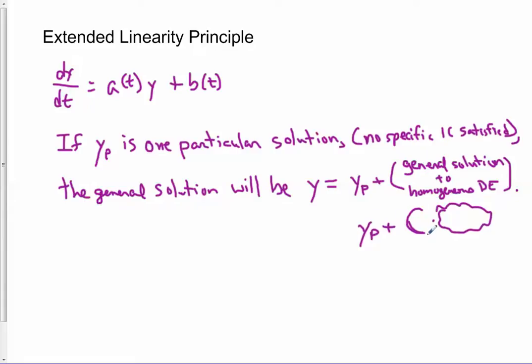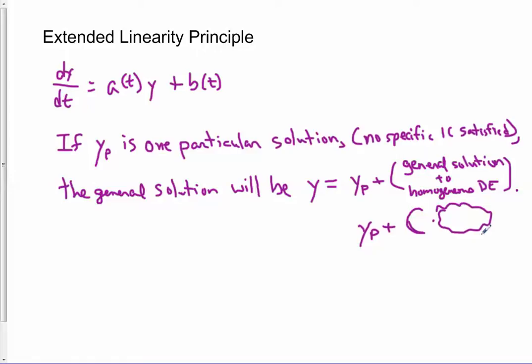And that C will give you the freedom to now solve any initial condition. But the point is that these will all satisfy the differential equation, so you've already got that done. Of course, that still leaves the not small problem of how do you get that first particular solution. And so that's where all the emphasis will be once we get this under our belts. It'll be in finding that one particular solution.